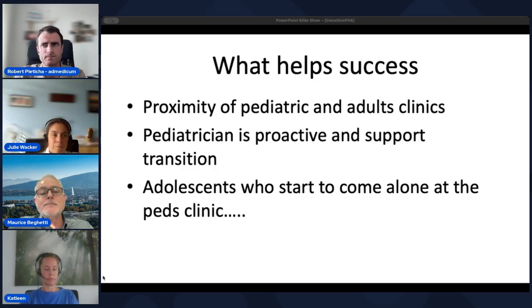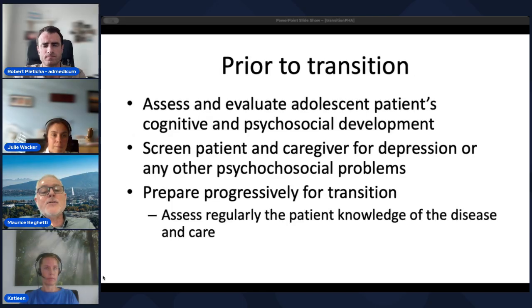Next. So prior to transition, assess and evaluate adolescent patient cognitive and psychosocial development, screen patient and caregivers for depression and other psychosocial problems, and prepare progressively for transition. Next.